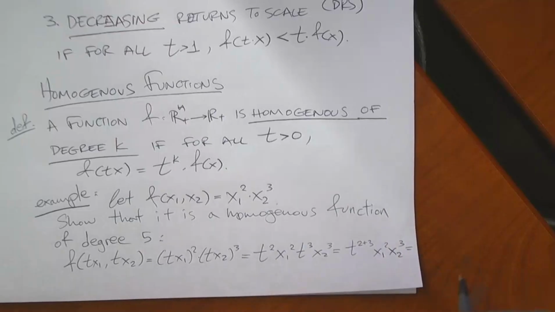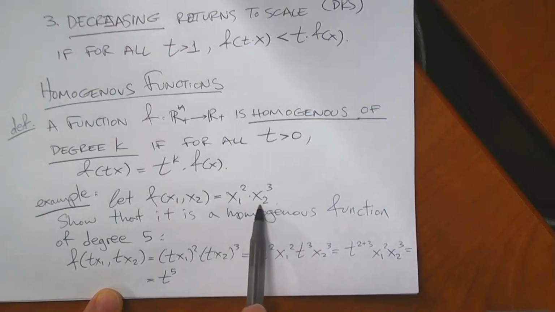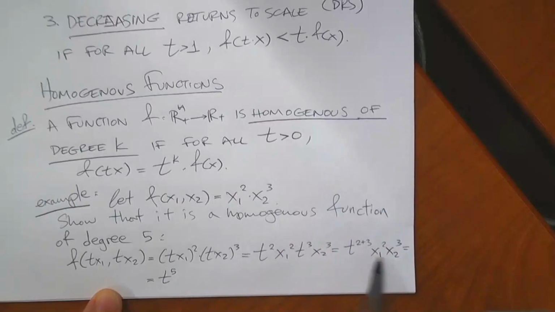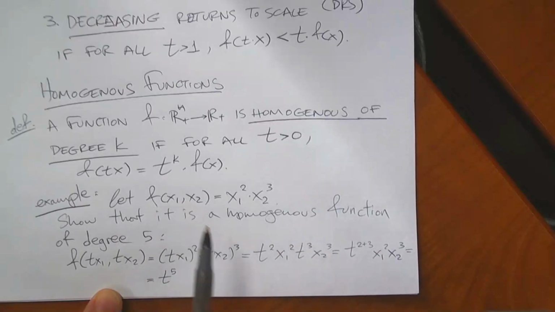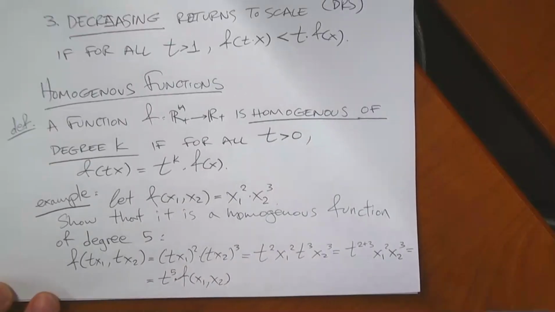So you see what has happened here. You have t to the power of 5, and then you have x1 squared times x2 to the power of 3, which is this expression over here. So I can take this part and just write it as my original f function, f of x1, x2. So this is the result.